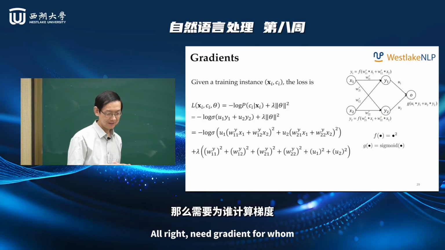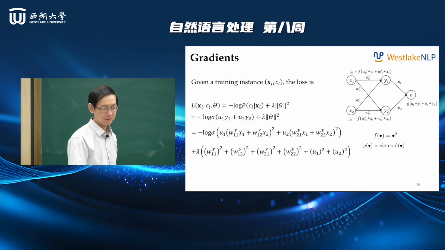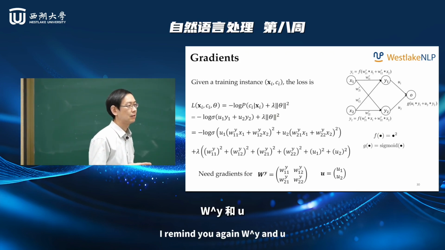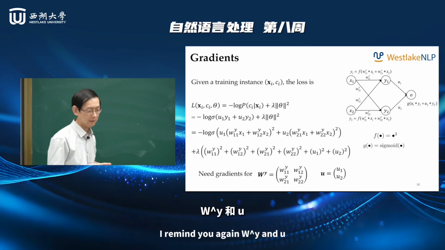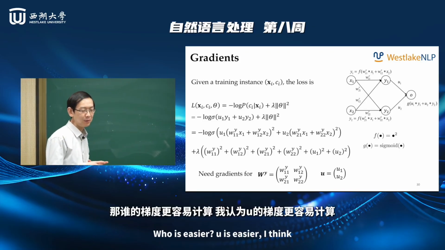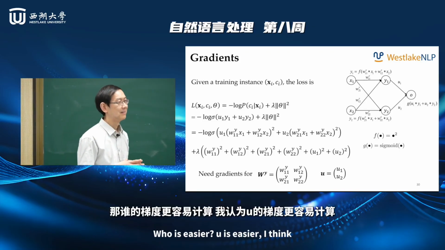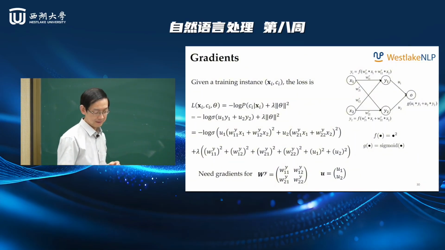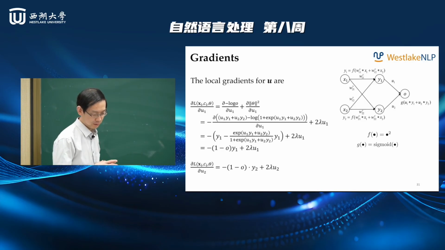All right. Need gradient for whom? I remind you again: wy and u. So who is easier? u is easier, I think. Do we do this?